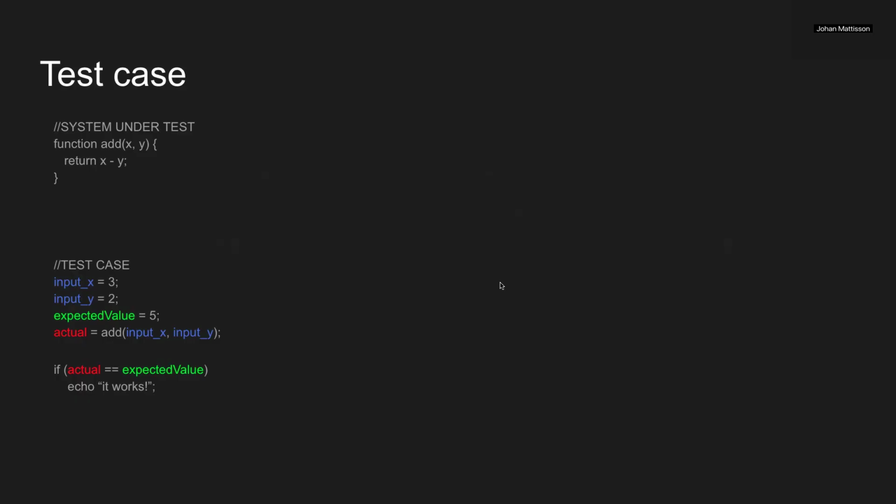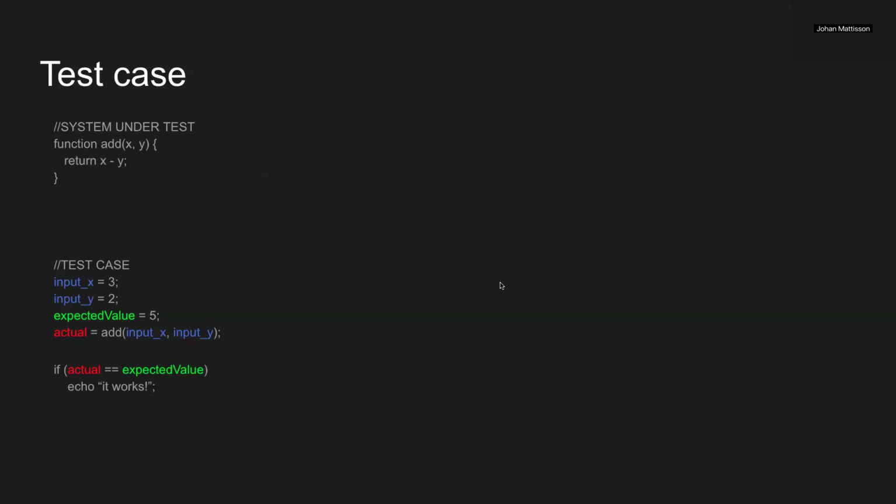The test case here is we have an input X and an input Y. We have an expected value of 5, and the actual value we get from exercising the system under test. We compare the actual to the expected value. If it works, we say, okay, it works. So this is an exceptionally primitive test case.